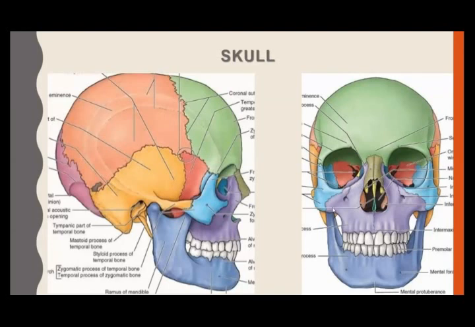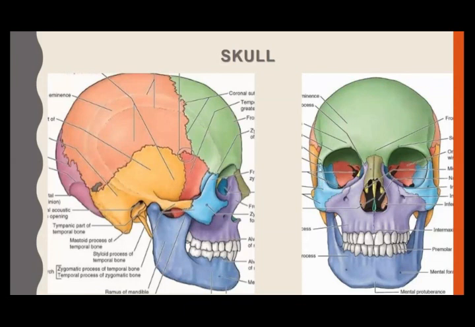This purple bone is the maxilla. This maxilla articulates with this blue bone, which is the zygomatic bone. This part of the zygomatic bone articulates with the frontal bone. Together they make a suture.